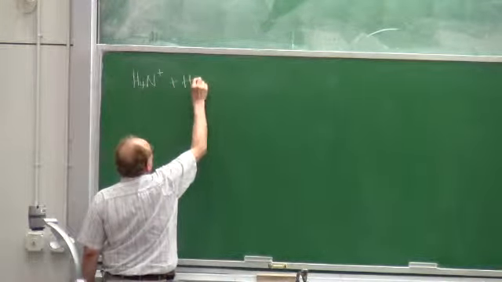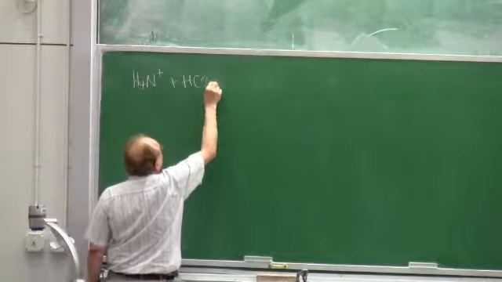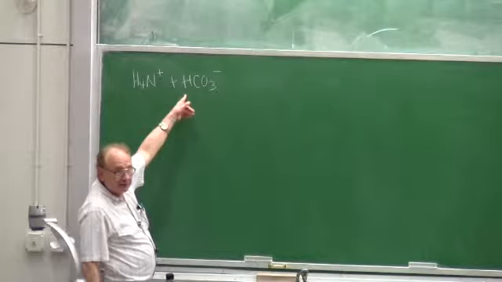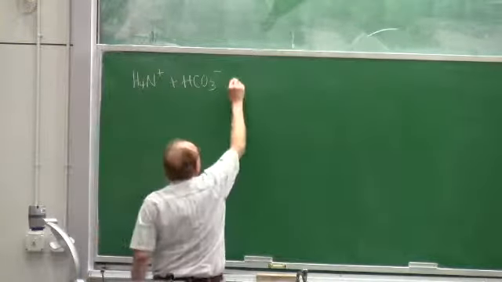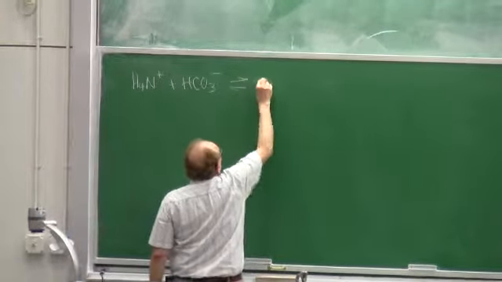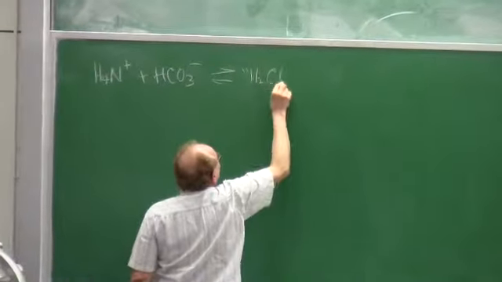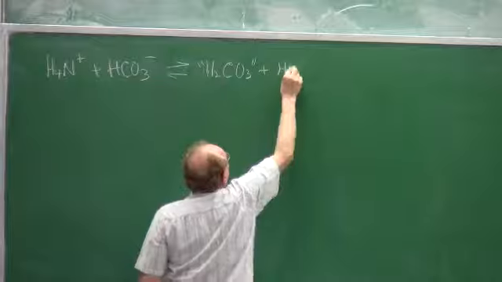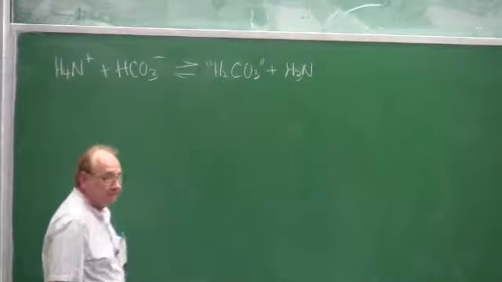I'll leave out the AQ tags just to get at this more rapidly, and I'll use the condensed formula for this. And I'll write this, and then I'll write K.